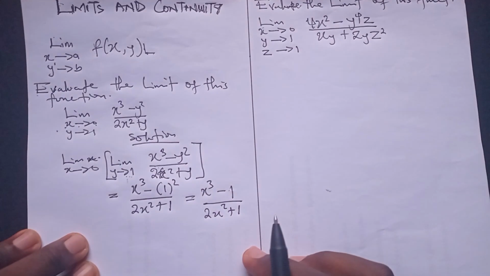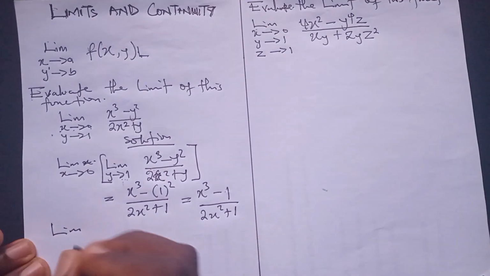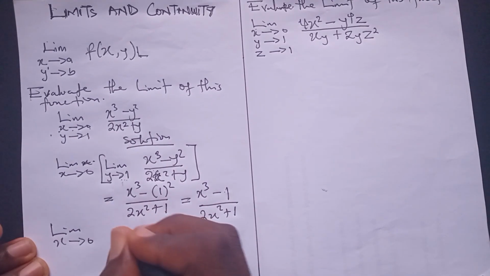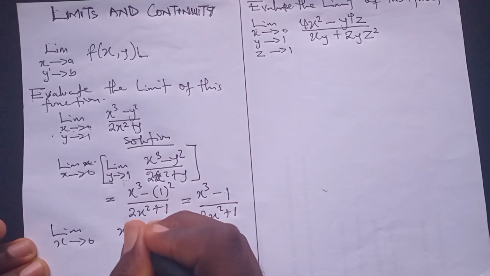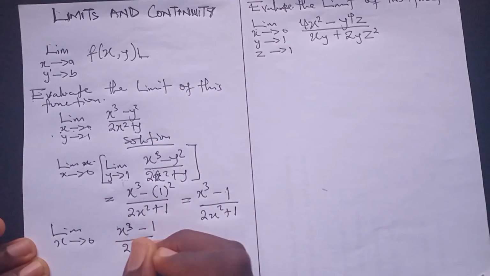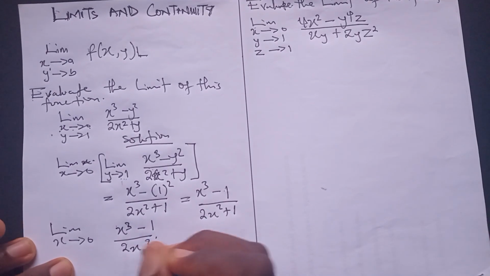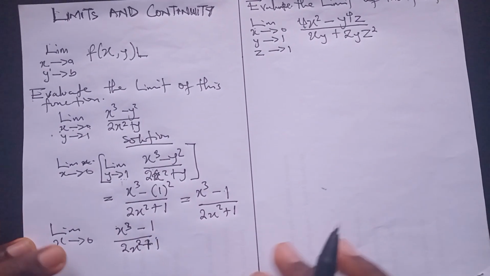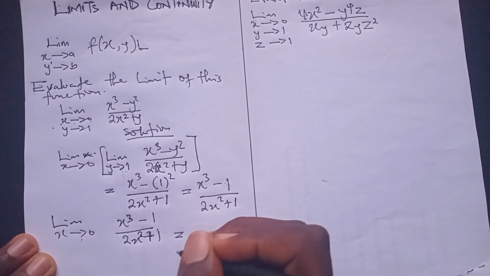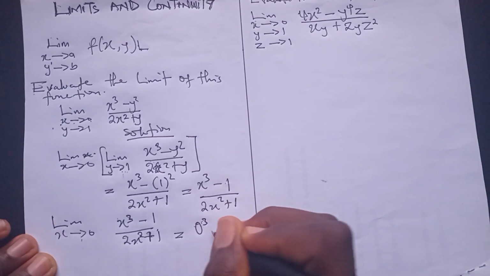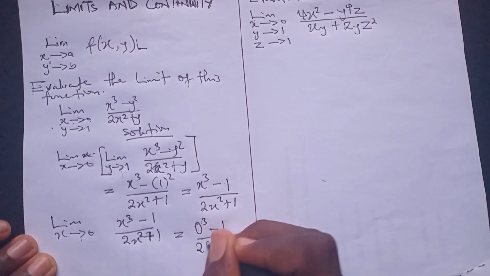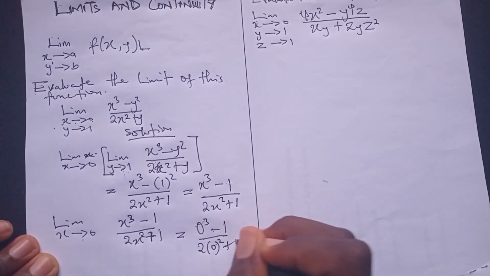So now, the limit of this function when x tends to 0. So now you have to substitute the value. We have x cubed minus 1 over 2x squared plus 1. If you substitute this value of 0 into this function, this is equal to 0 cubed minus 1 over 2 times 0 squared plus 1.